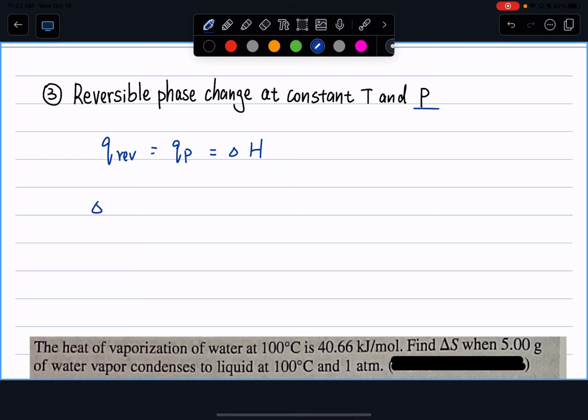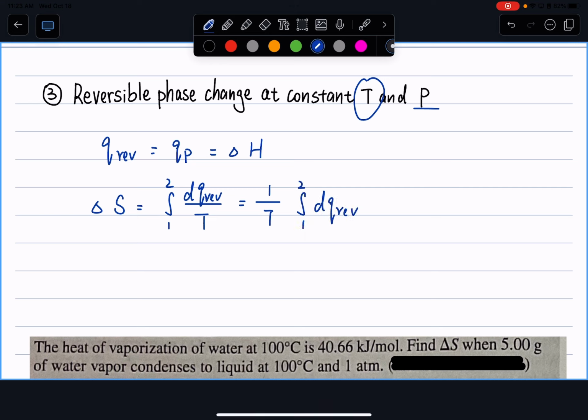And you can use our equation, delta S equals the integral from 1 to 2 of dq rev over T. It's also at constant T, so we can take that temperature out of the integral to be 1 over T times the integral from 1 to 2 of dq rev, which just gives you 1 over T times q rev.